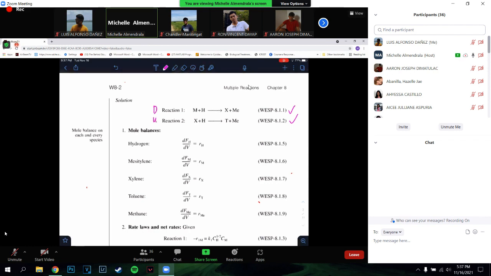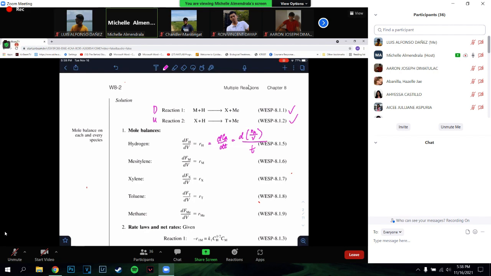Mole balance. So how do you do the mole balance? This is rate. Usually when you say rate, rate is the dCA over dt. But of course, the derivative of CA is number of moles of A with respect to volume and therefore with respect to time. And so usually when we're discussing flow processes, we usually define flow rate, molar flow rate.